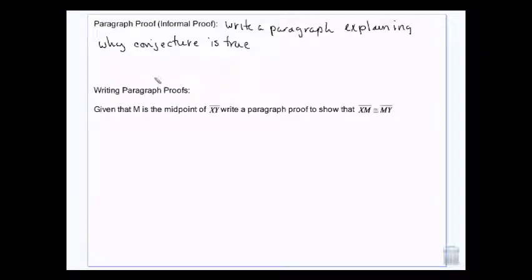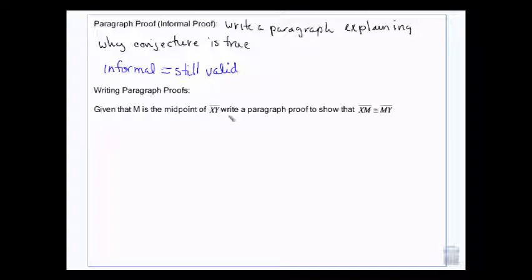Okay, and it's called an informal proof, but informal is still valid. Okay, so it's not invalid because it's informal.